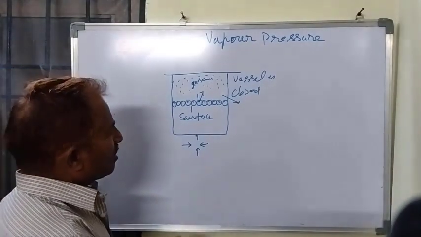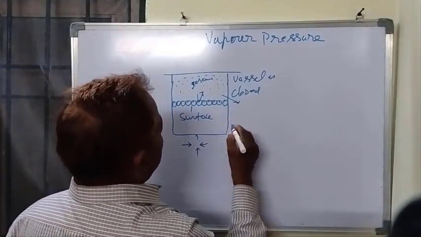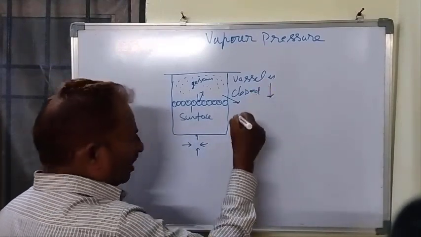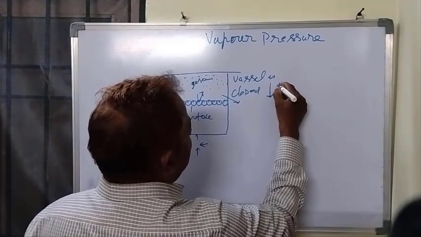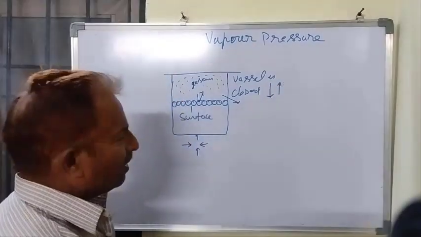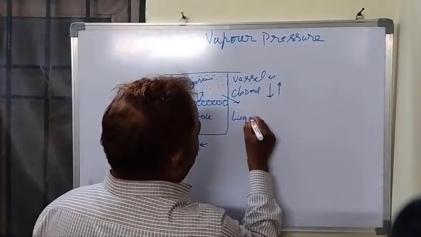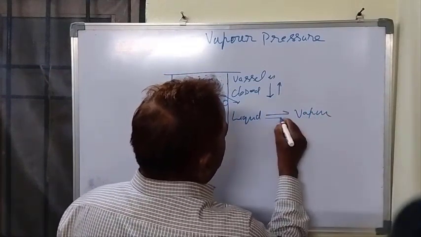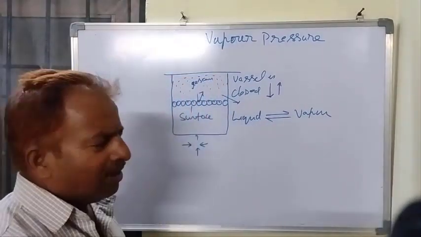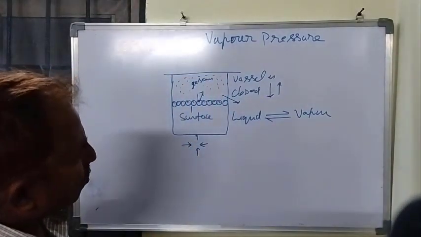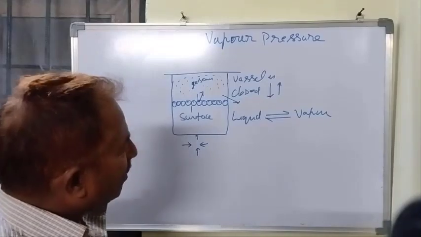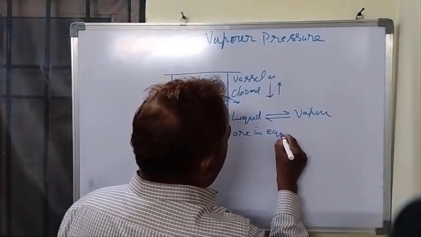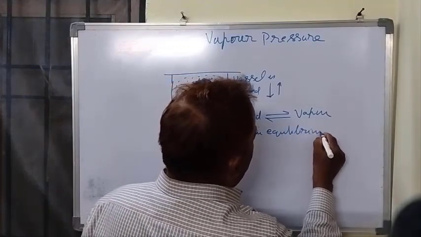After some time, these vapor particles come and enter into the liquid, whereas the liquid changes to vapor and vapor changes to liquid. That means the vaporization process continues such that the liquid and the vapor both are in equilibrium.